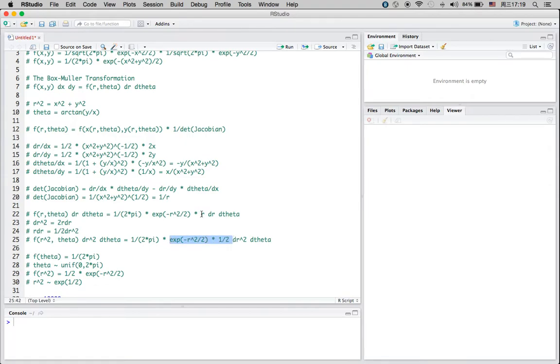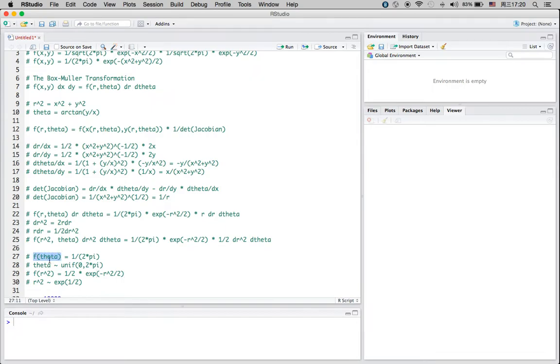So by changing the r dr to 1/2 dr squared, basically we are constructing an exponential distribution with lambda equal to 1/2.